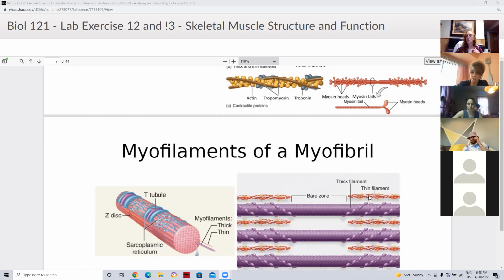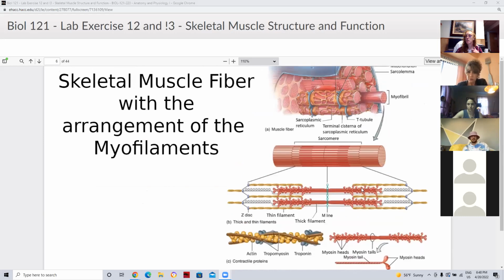So you're pulling on the thin filaments. Myosin is pulling on the thin filaments, moving them towards the M line. The thin filaments are going to be moving towards the M line as the myosin pulls on them.